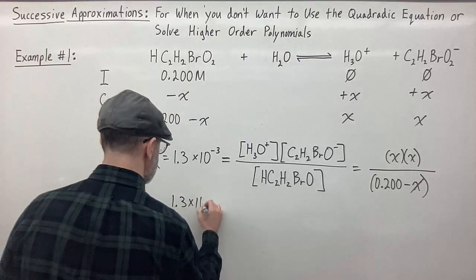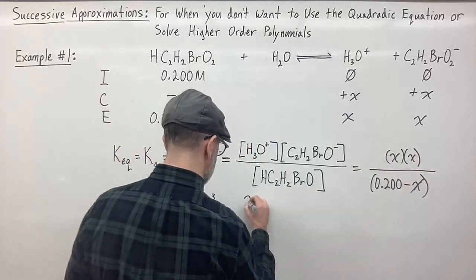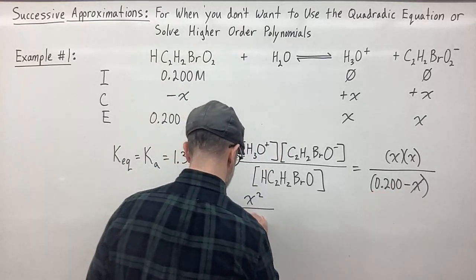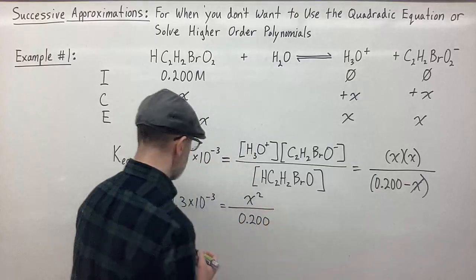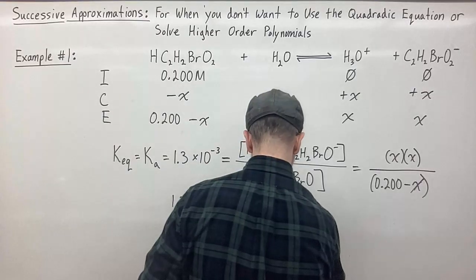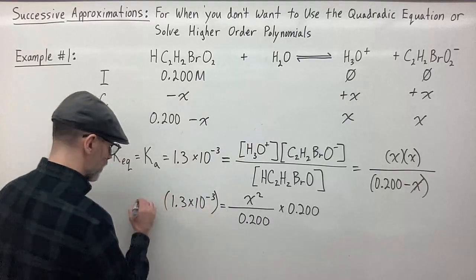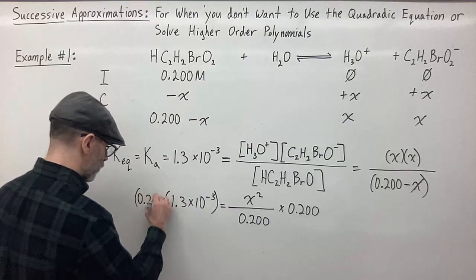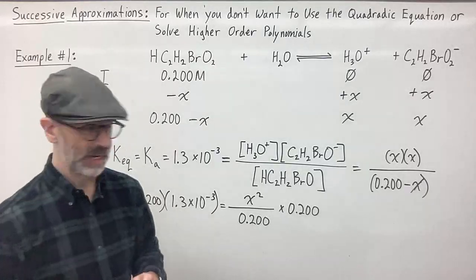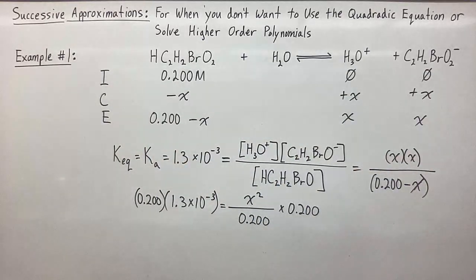1.3 times 10 to the negative 3 is going to be equal to X times X, which is X squared, over 0.200. So now all we need to do is multiply both sides by 0.200. So we'll multiply this here by 0.200. So then we'll multiply this together, and when I do that, let me calculate this really quick.